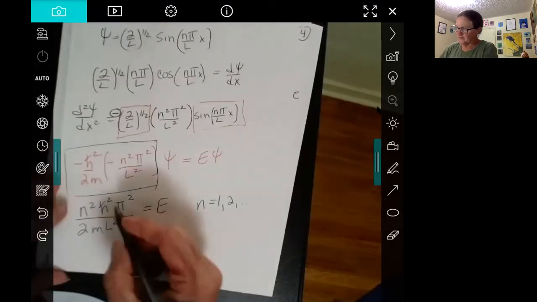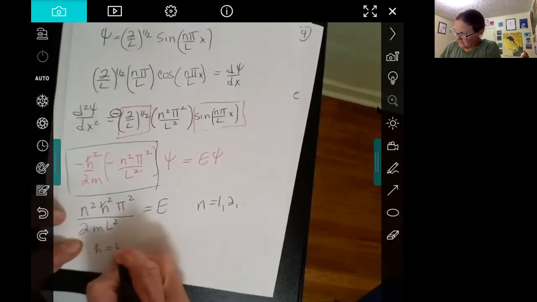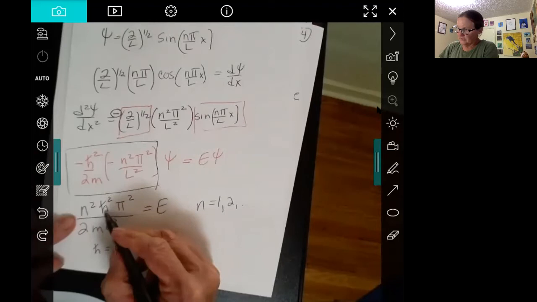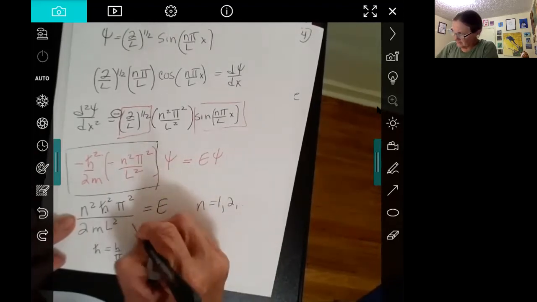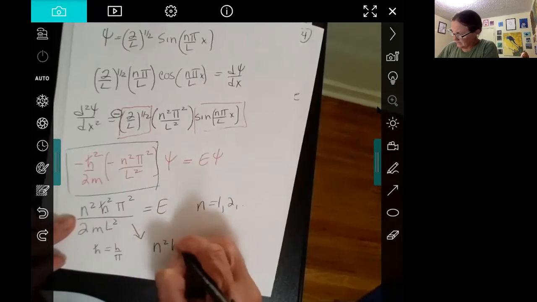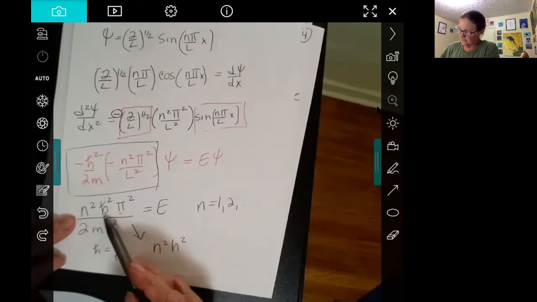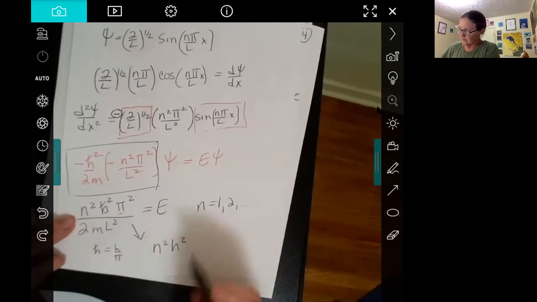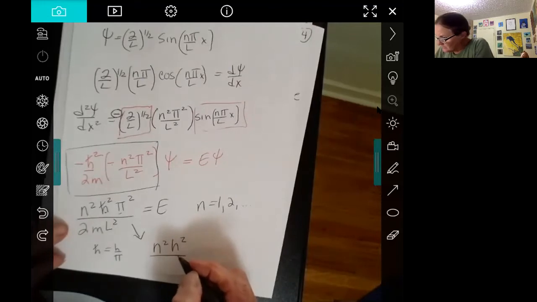Your book simplifies this, so if h bar is h over 2 pi, if I put that in here, then the pi's cancel. So if I plug that in, I get n squared, h squared, pi squared, and h over 2 pi squared cancels the pi's. And then we get, why do we not have an 8?